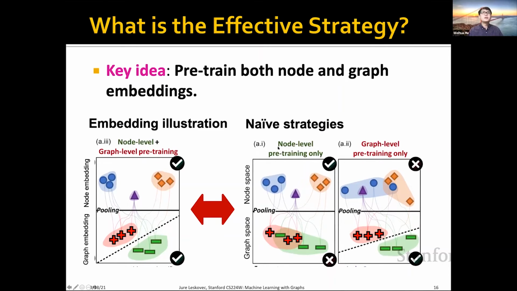If we only do node-level pre-training, we capture semantics at the level of nodes, but if those node embeddings are globally aggregated, we may not obtain a nice graph embedding. Or if we only pre-train GNNs at the level of the graph, we can obtain a nice graph embedding, but there's no guarantee that before aggregation the node embeddings are of high quality. This may lead to negative transfer because the node embeddings are not robust.